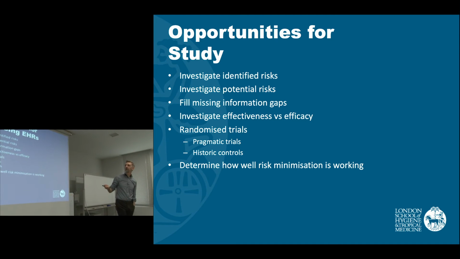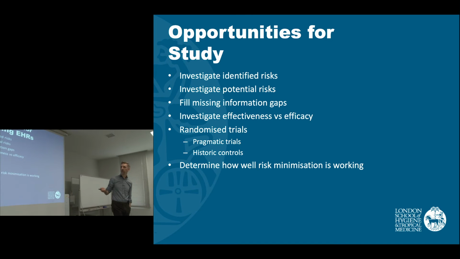We can look at investigating effectiveness versus efficacy. We can also do randomised trials using the electronic health records, and these could be both pragmatic trials, but also trials where we use historic controls. And we can certainly use electronic health records to determine how well risk minimisation is working. So these are all the various things that we can use EHRs to do.